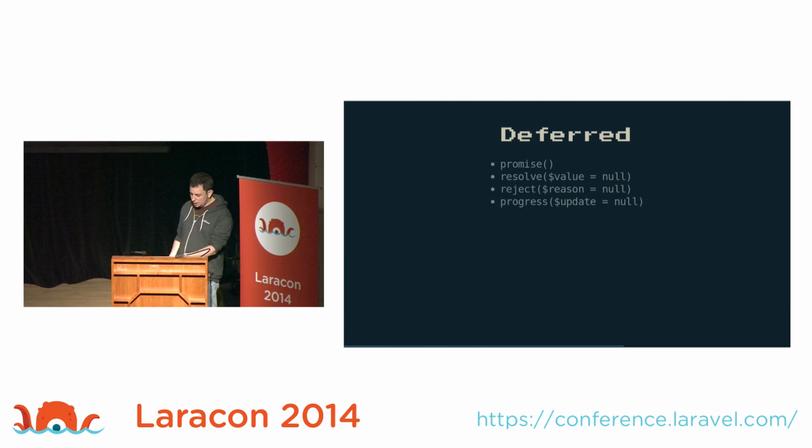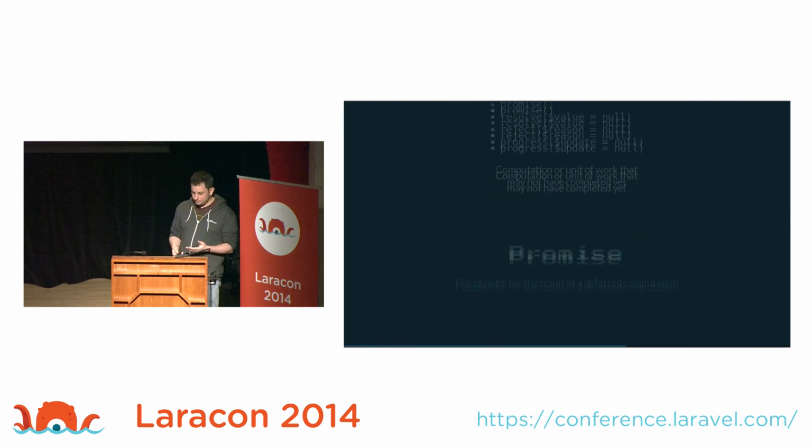So all of these promises are basically what consumes the result of a deferred object. This is really just a placeholder for some unit of work, some computation that will be returned, but it's not complete yet.